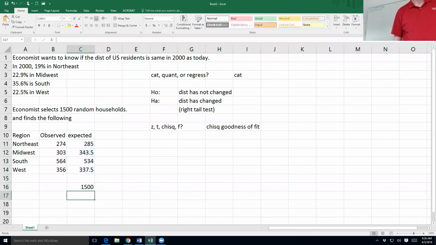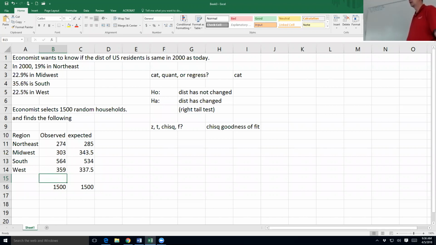It does. Oh, that's a problem. Where's my typo? This one should be 359. Good thing you check your math. Find your typo. Let that be a lesson to you.